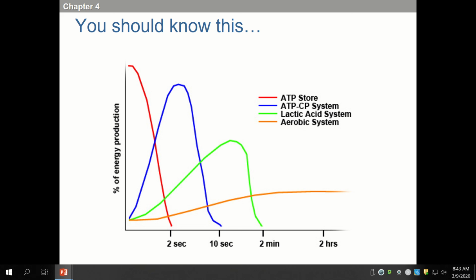If you're looking up here, the red line plummets at 2 seconds in. So we actually do just have some ATP circulating around. Everyone good with that? Now we need to replenish that through all of the other energy systems.